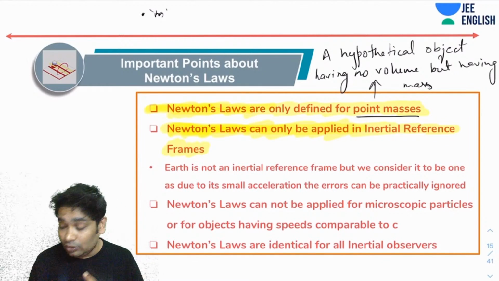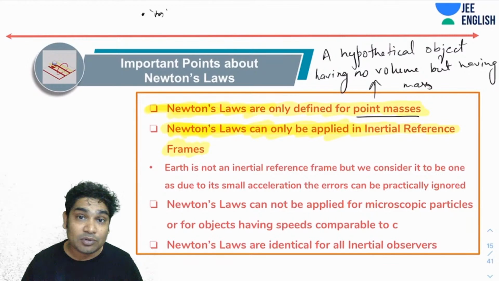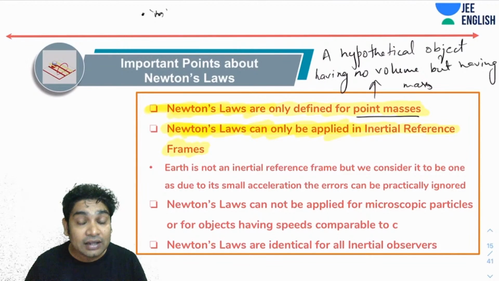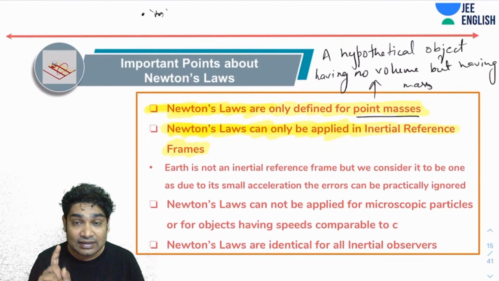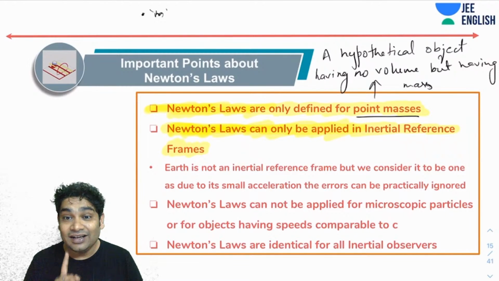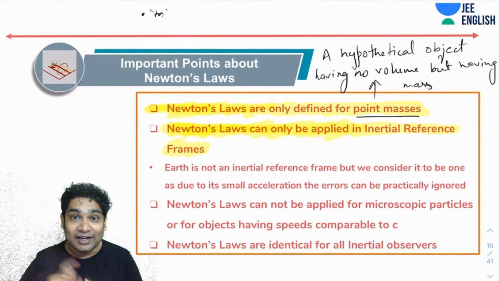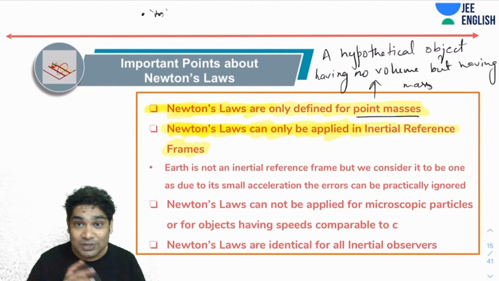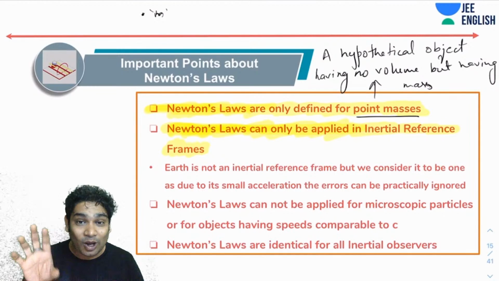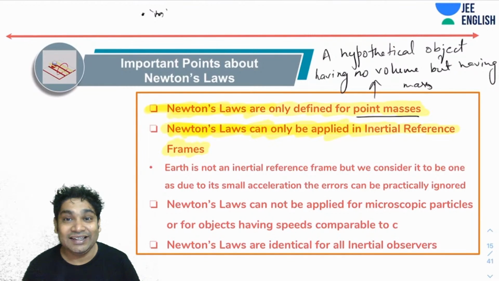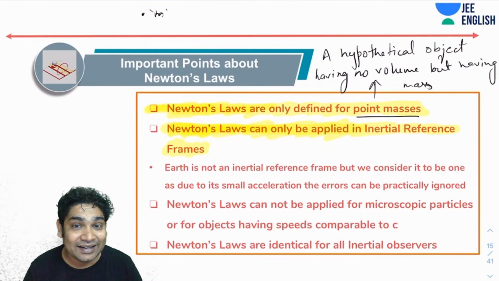So these are the only two types of observers that are inertial. When I say rest, I mean absolute rest, by the way. It is not relative to anybody. If an observer is at absolute rest or moving with an absolute constant velocity, then those observers are inertial.